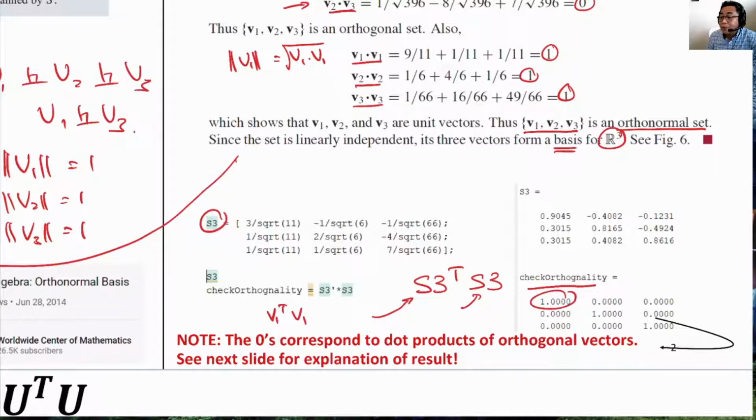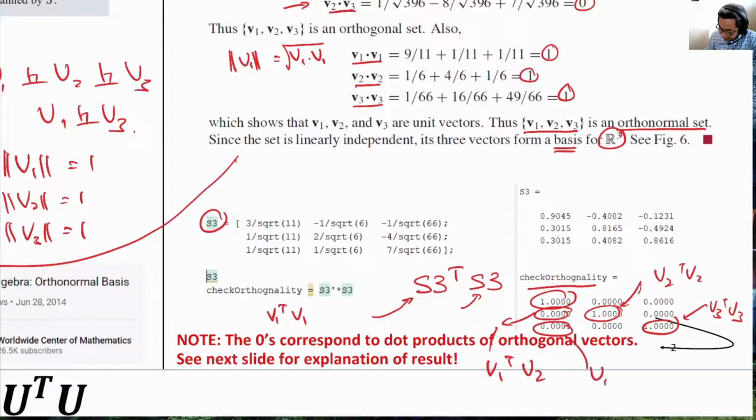So we are computing v1 transpose v1 here, v2 transpose v2 here, v3 transpose v3 here, and then v1 transpose v2, and v1 transpose v3.